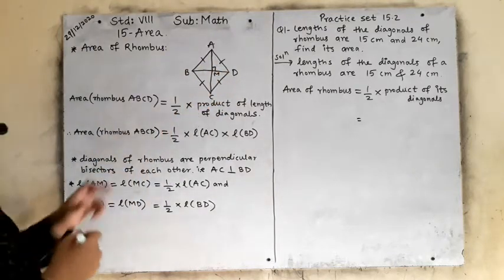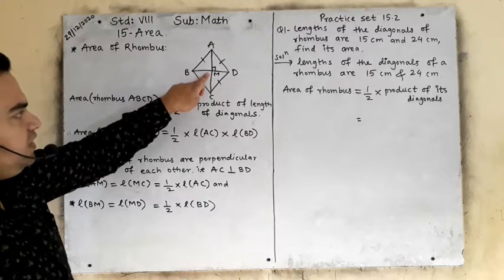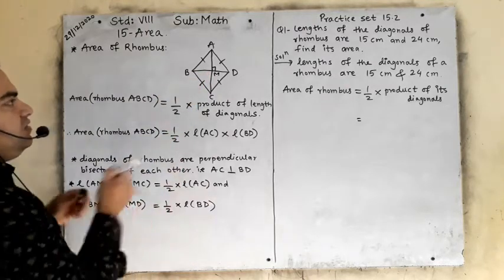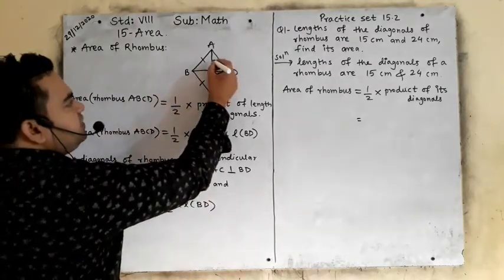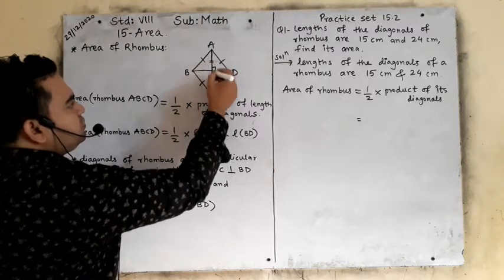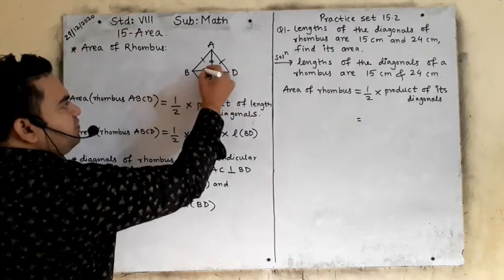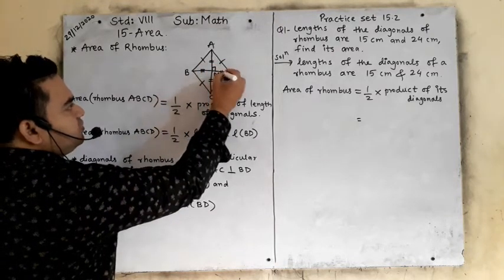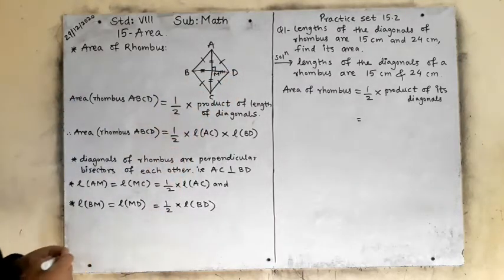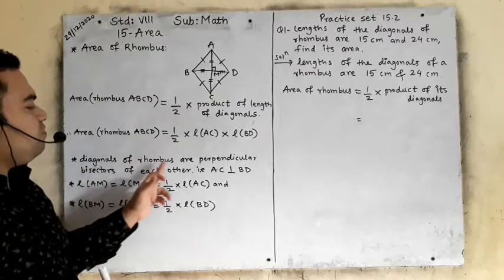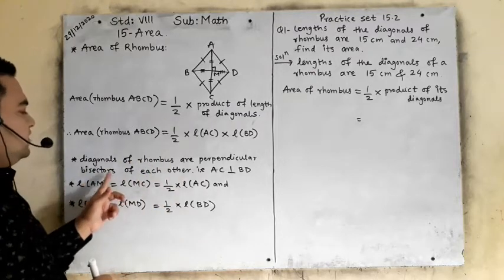It means the diagonals of a rhombus are perpendicular and bisect each other. This is half, this is half, so this is also half. Is it clear?